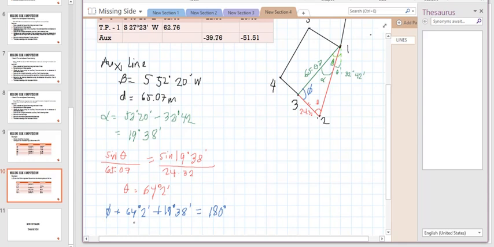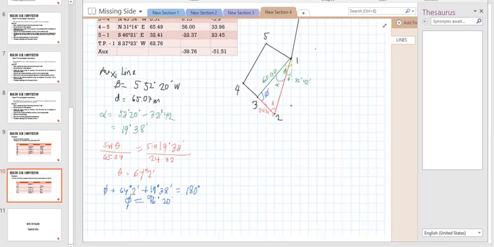So from there we can compute the value of P, which is equal to 96 degrees 20 minutes.